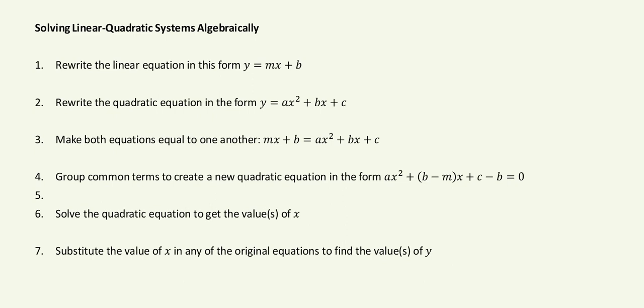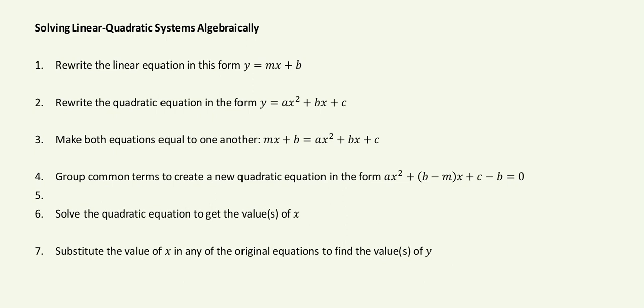For the linear equation, we're going to rewrite in the form y equal to mx plus b, and for the quadratic equation, we're going to write in the form y equal to ax squared plus bx plus c. And then because we have y equal to in both equations, we're going to equate y equal to y, so mx plus b equal to ax squared plus bx plus c.